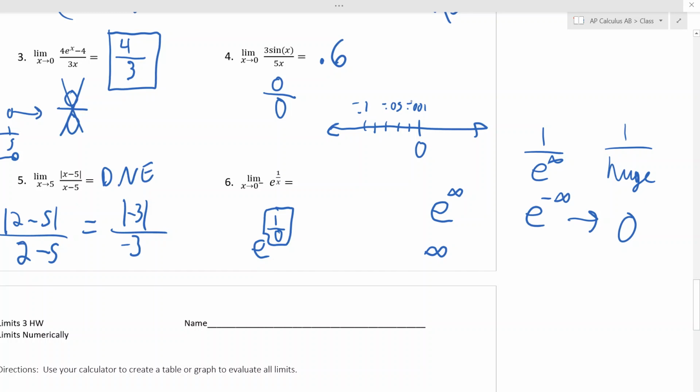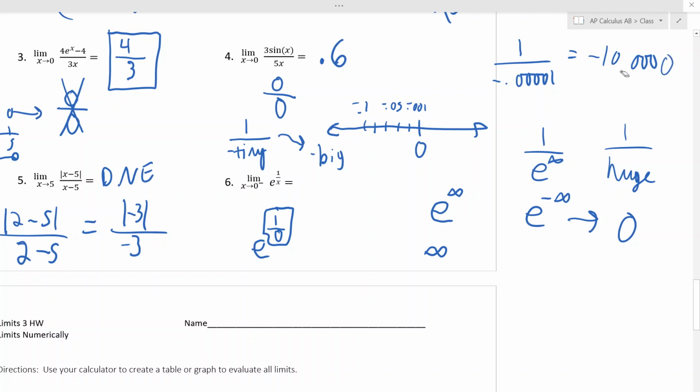So that means I'm going to have, just in the exponent, 1 divided by super tiny negative numbers, right? Well, 1 divided by super tiny negative numbers is a big negative number, right? Again, 1 divided by negative 0.0001 is negative 10,000. Okay?